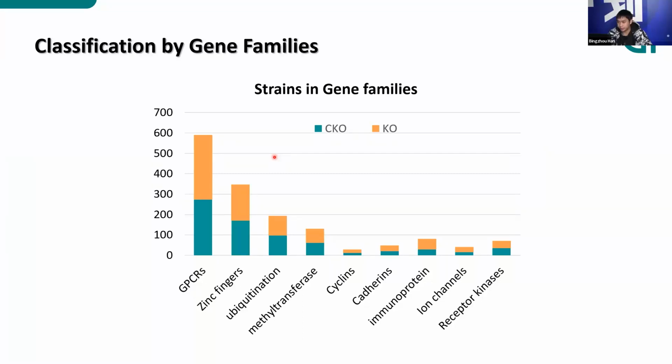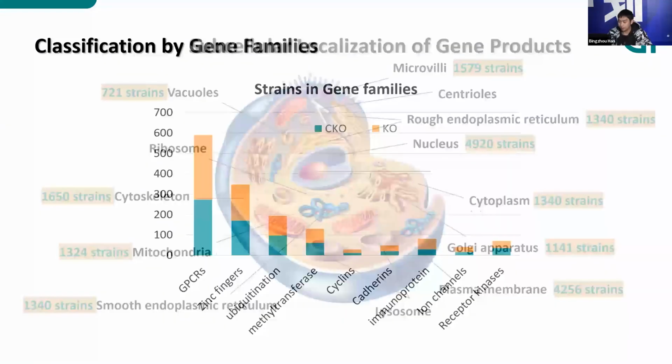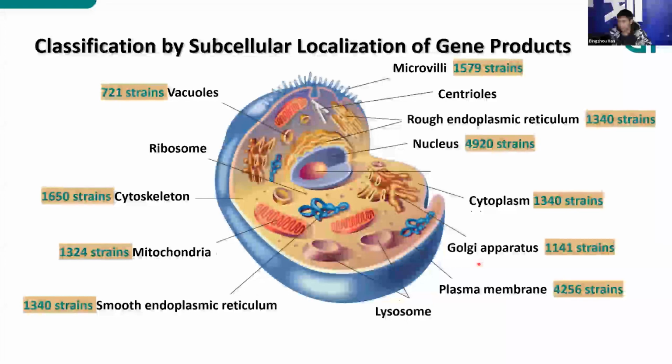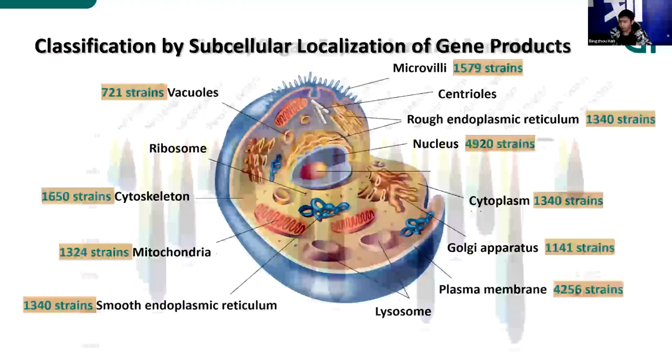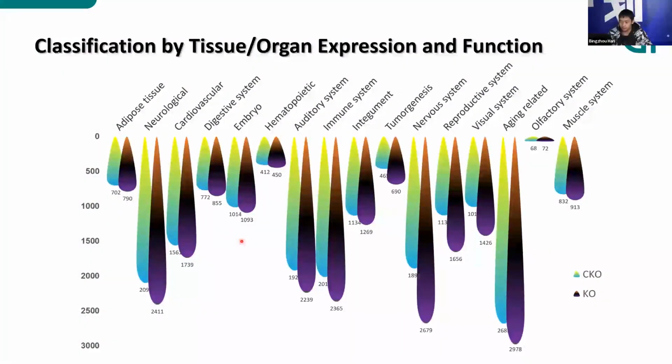We classified our generated strains by gene families, like GPCRs, zinc finger transcription factors, E3 ligases, and so on. We also classified them by the subcellular localization of the proteins, whether in the nucleus, the cytoplasm, the mitochondria, on the cell membrane, or elsewhere. And we also classified by tissue-specific expression or tissue-specific important function, for people who study the mechanism or a certain organ during development or disease.